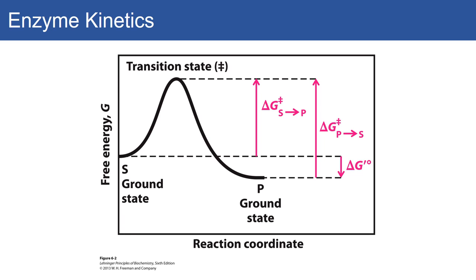The entire difference in energy from S to P is the delta G prime naught, or delta G prime 0. Sometimes people call it delta G 0 prime, but all of those are common ways to describe the difference in energy between the ground state of the substrate and the ground state of the product.